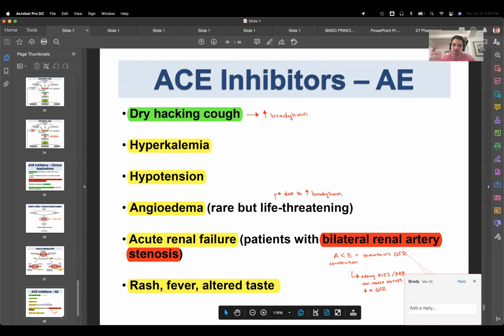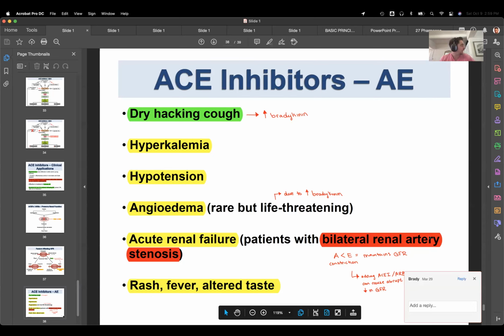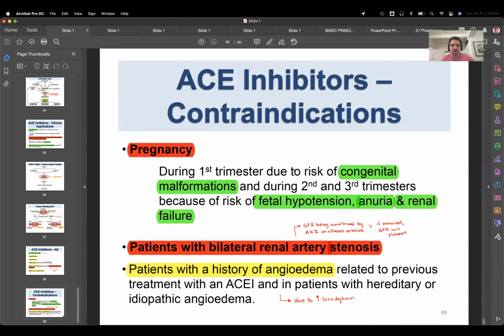Not only those patients that have severe renal failure, but with bilateral renal artery stenosis, adding an ACE inhibitor will decrease the GFR a lot, quickly. So never give an ACE inhibitor if it's bilateral. You also can't give it in pregnancy. You can get congenital malformations and decreased development, anuria and renal failure.